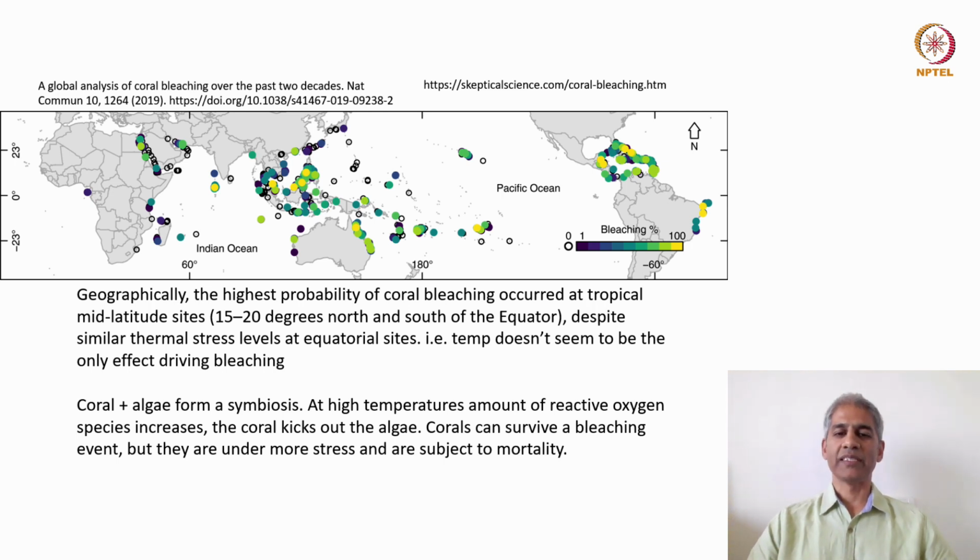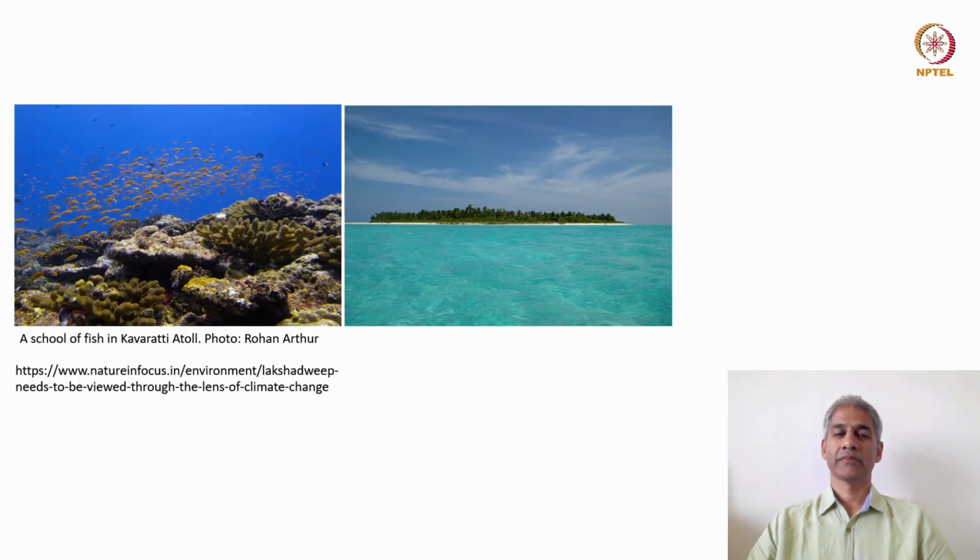And what seems to happen is that at high temperatures, because the algae might be producing more reactive oxygen species, which could cause harm to the tissues of the coral, the coral tends to kick out the algae, because of which there's a loss of pigment, but also there's a loss of nutrients for the coral, leading to the death of the coral and severe mortality within these corals, and also bleaching of the coral.